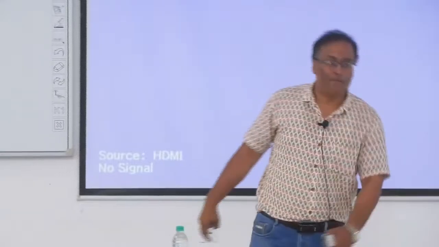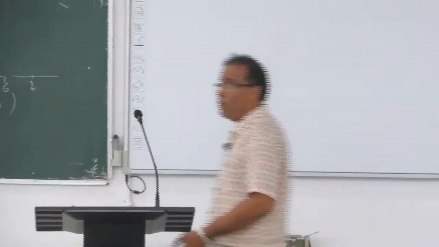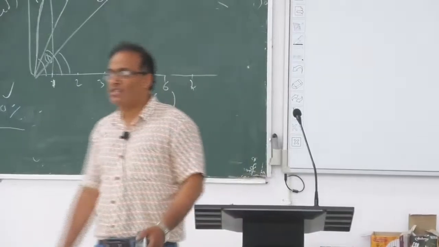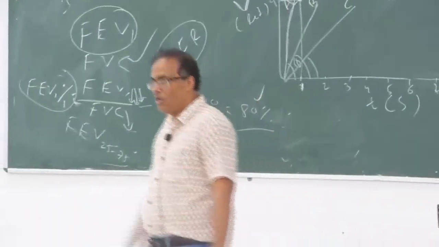If it is less than 70%, that is the standard case of obstruction, the standard case of obstructive disease.